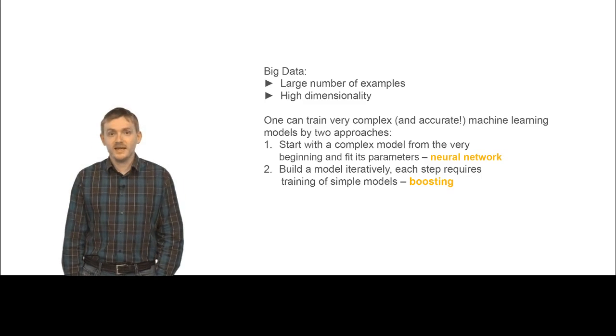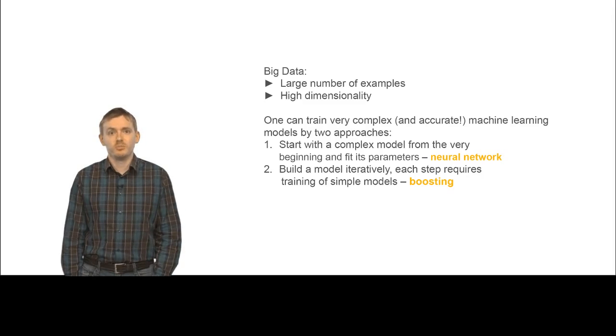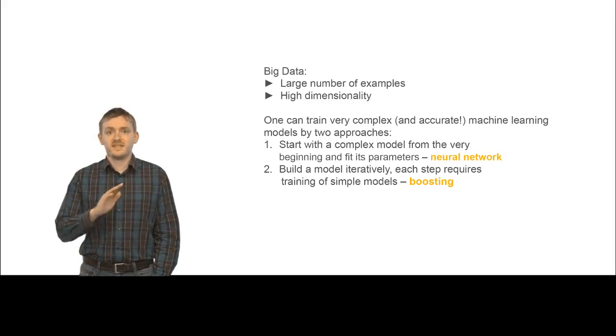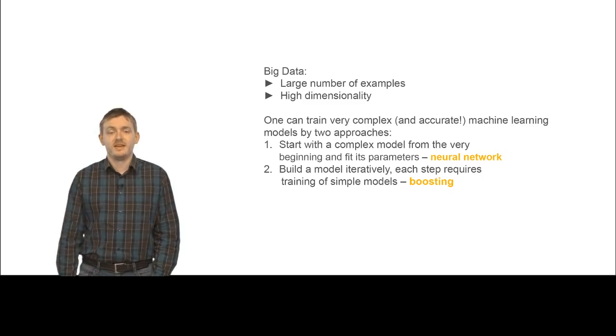There are two basic ways in machine learning to build complex models. The first way is to start with the complex model from the very beginning and fit its parameters. This is exactly the way a neural network operates.